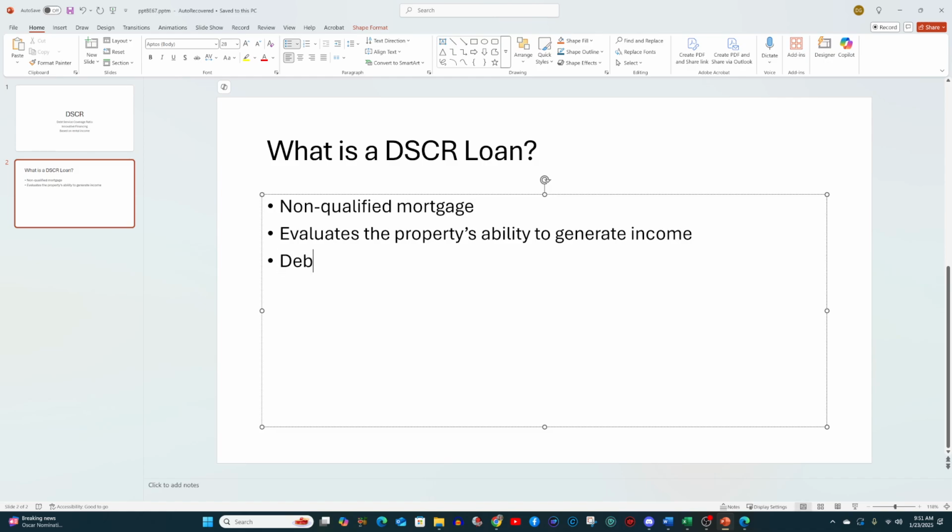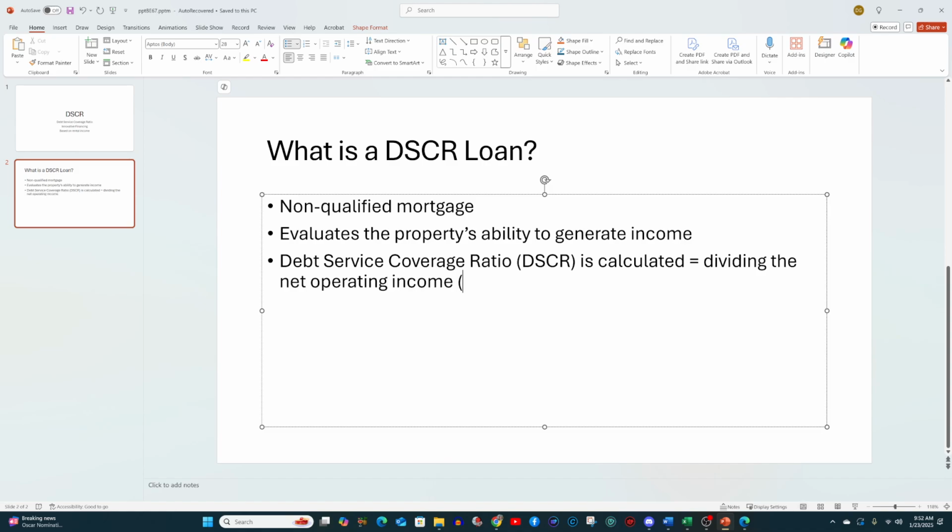So the debt service coverage ratio, or DSCR, is a number that is calculated by dividing the net operating income, also known as NOI, by the debt obligations.